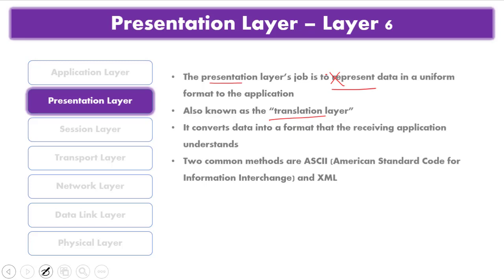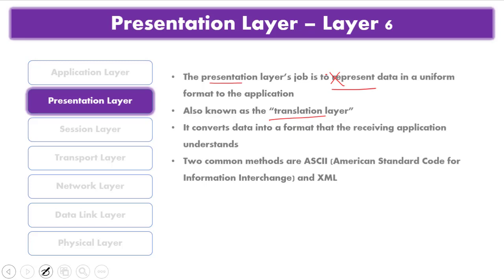Let's look at some of the functionality here. So this layer's responsibilities include character code translation. Don't think I wrote that down in the notes there. So we as humans use what is considered standard characters. In the end, all digital devices use ones and zeros, so we need a way to turn those characters into ones and zeros and the ones and zeros into characters.